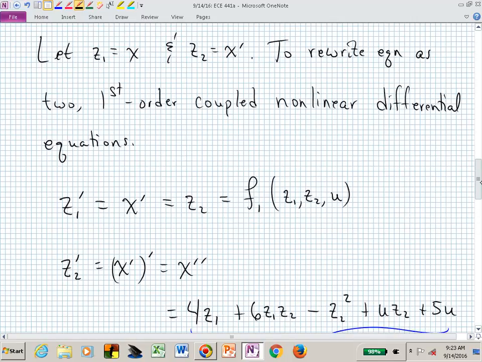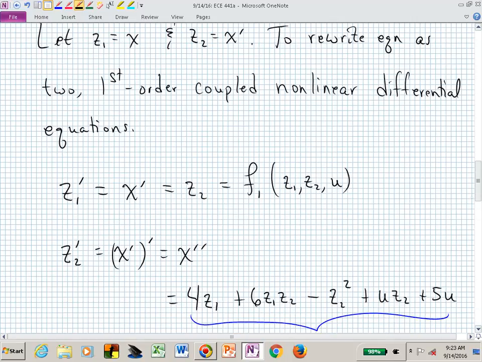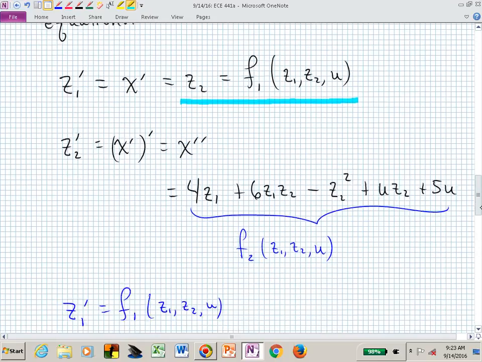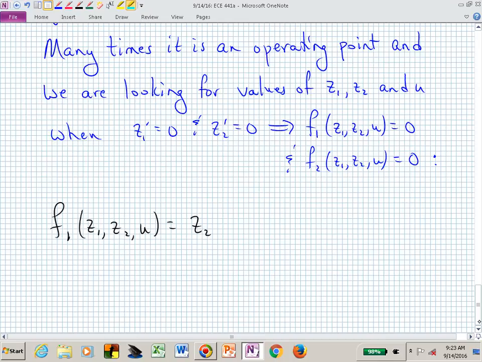If we go back, F sub 1 was equal to Z sub 2. And if we set F sub 1 to 0, what does that force our nominal condition to be? So our Z sub 2 is nominally going to be 0. Our Z sub 2, 0 at the operating or equilibrium condition.